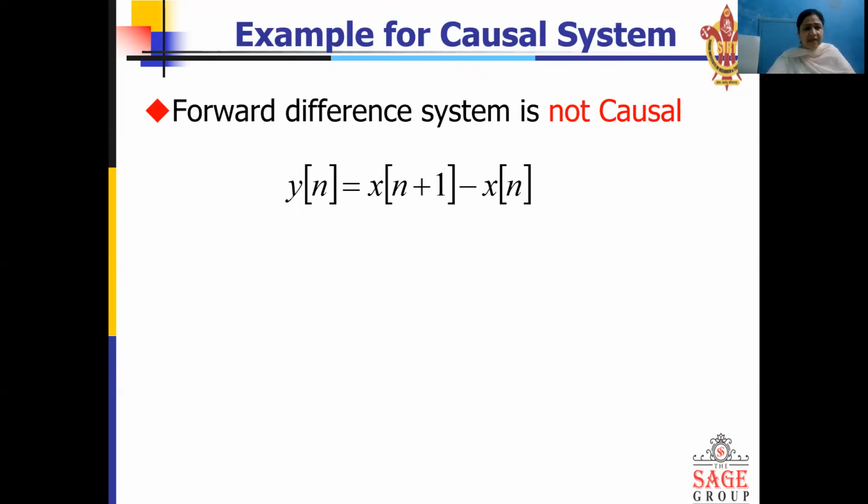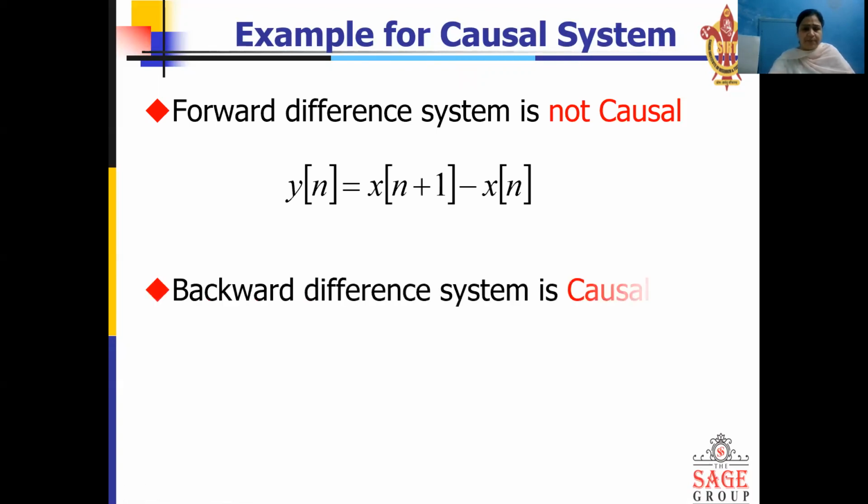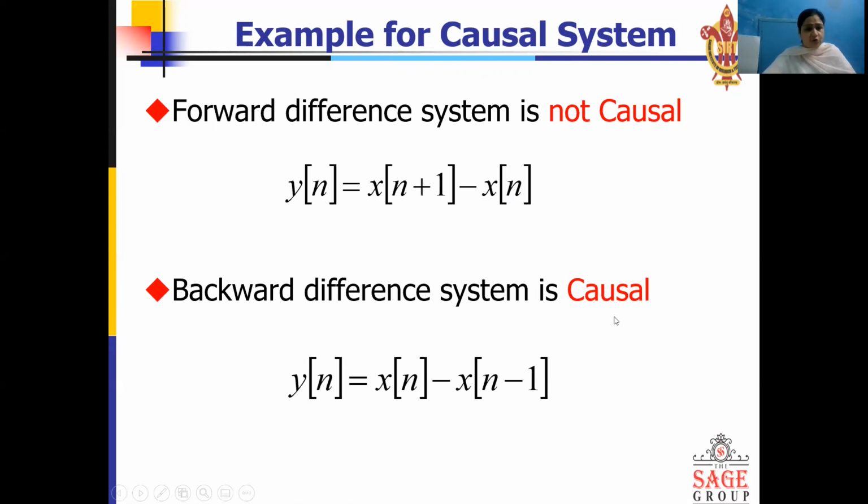Here we see the forward difference system in which the output y[n] is dependent on the input x at n plus 1. So the system is not causal. Similarly, the backward difference system is causal because the output at time instant n depends on the input at time instant n and the input at time instant n minus 1. So the system is a causal system.